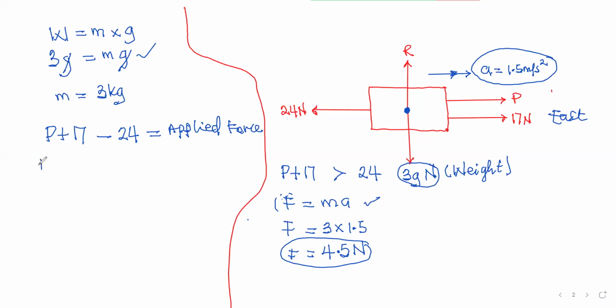Okay, so P plus 17 minus 24 is equal to the applied force we calculated, 4.5. So you equate this to 4.5. Then you can find the value of P.